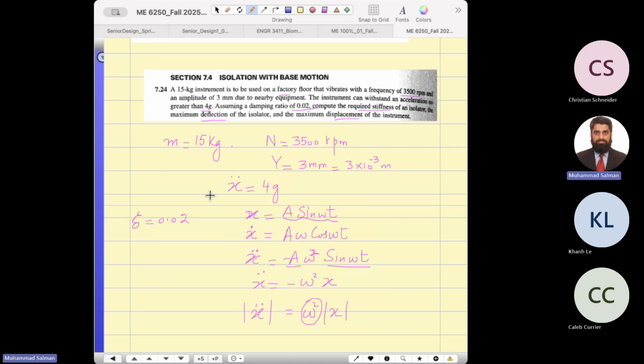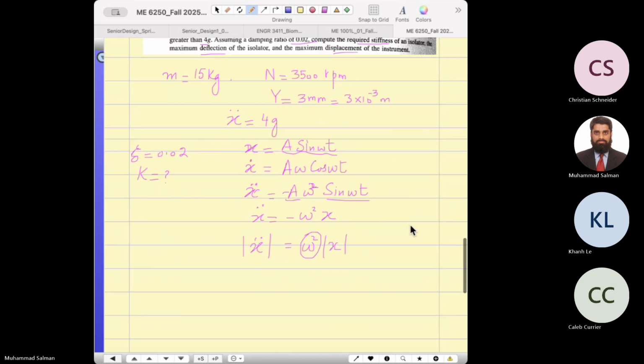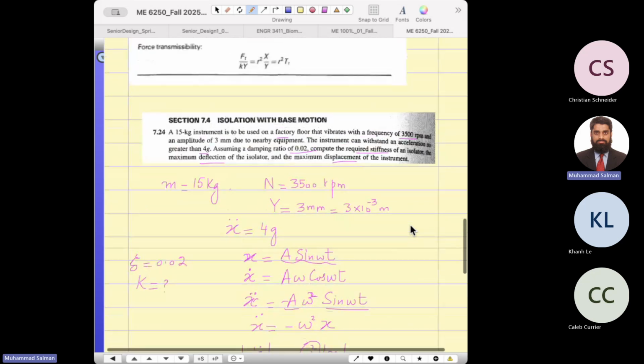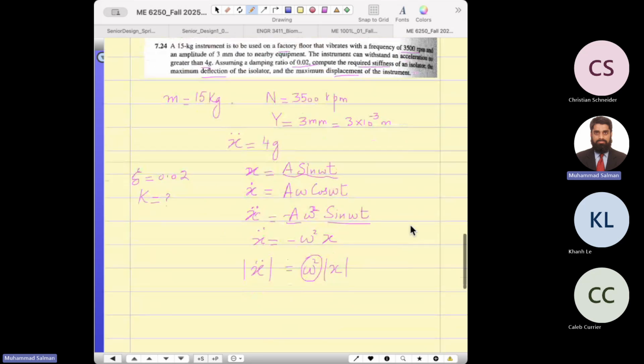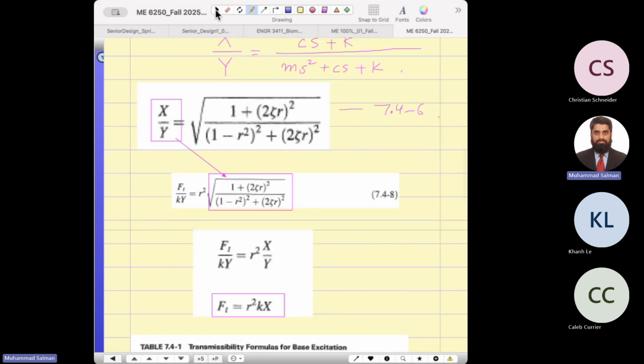So we have to find out the stiffness of an isolator. So what is my forcing frequency? Let me show you this formula. This formula, I can write down here.